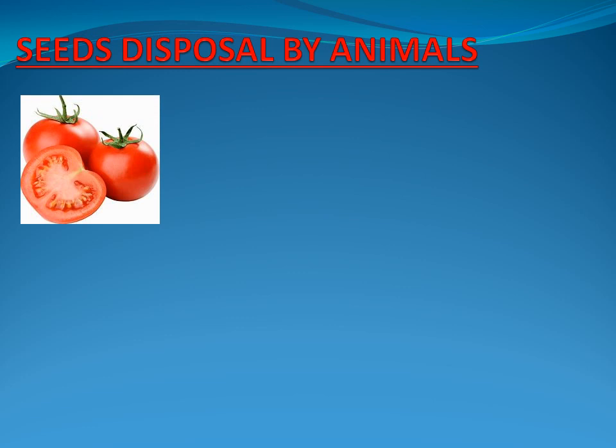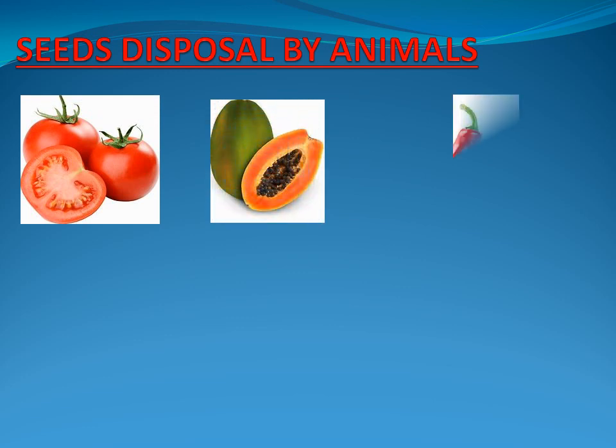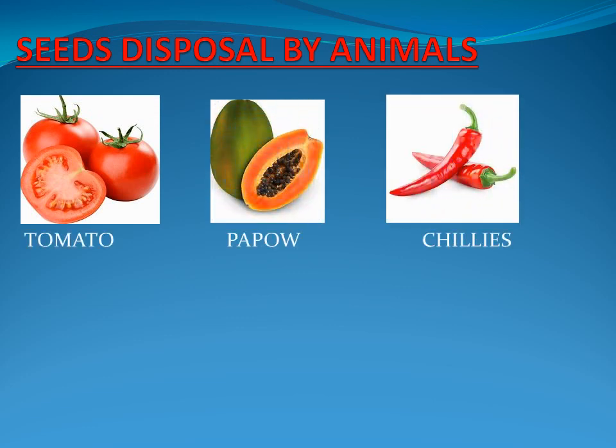And the next one, seeds dispersed by animals, are like tomato, papaya, and chilies. Animals such as birds eat tomatoes, and they sometimes take the tomatoes away from the farmers and eat them, and they throw away the seeds of the tomato, so the seeds are dispersed by animals.